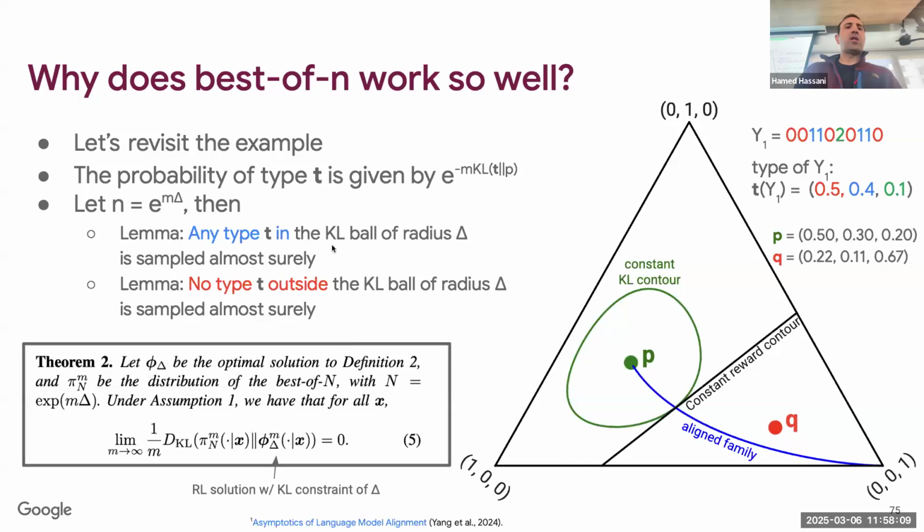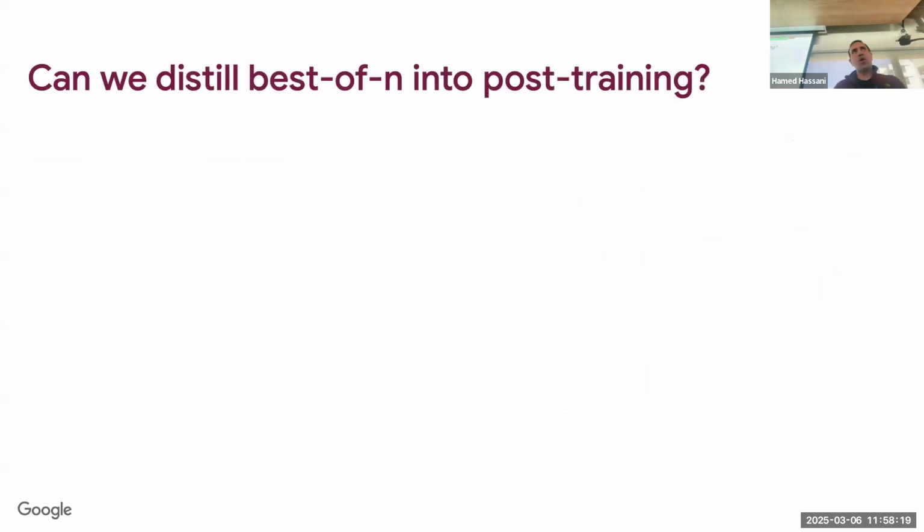I'm not going to talk about that, but there is theory that suggests why best-of-n is almost optimal, and in what sense, and so on. But that also leads to another question: if best-of-n is that good, can we forego our KL-regularized RL objective and use best-of-n to train a new model?